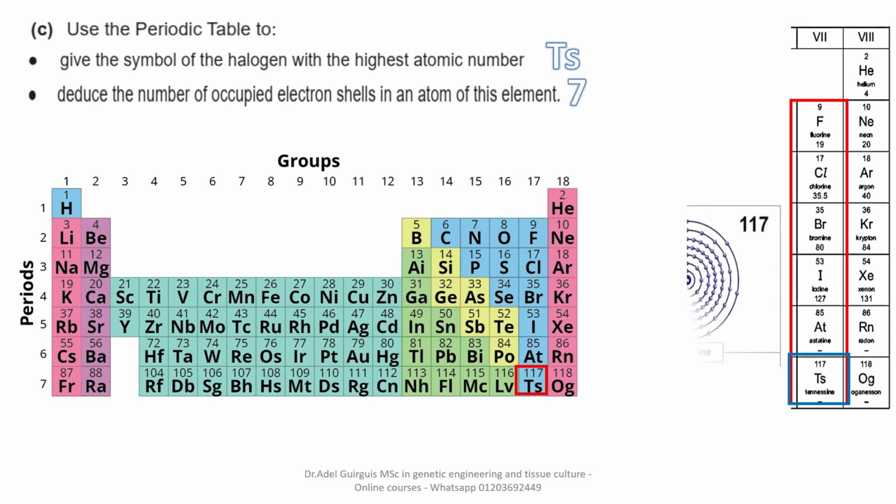So look at the tennessine atom, the nucleus surrounded by 7 electron shells. By chance, the outermost shell also contains 7 electrons. This determines the group number, group 7 and period 7. Okay, this is the location of tennessine.